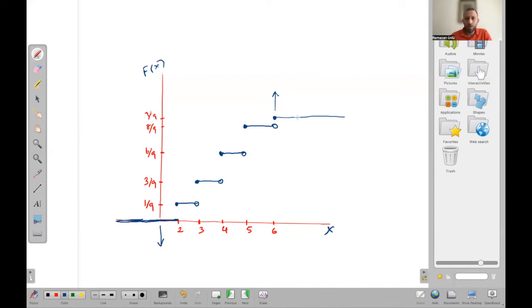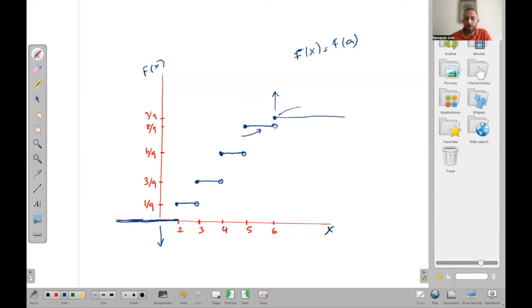When I reach, for example, that point from the right-hand side, F(x) and F(a) will be the same, like this point. If I reach from this side, I will get the 1. But if I reach this point from the left side, it will not be continuous because there's a jump here.